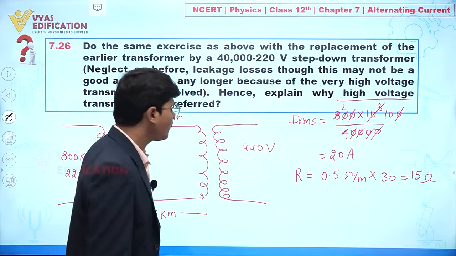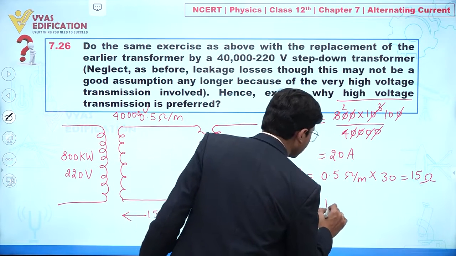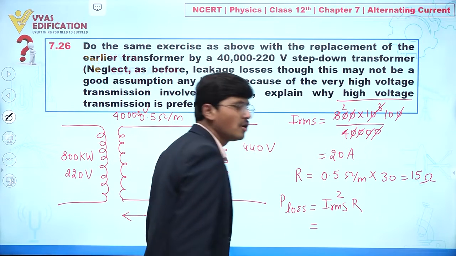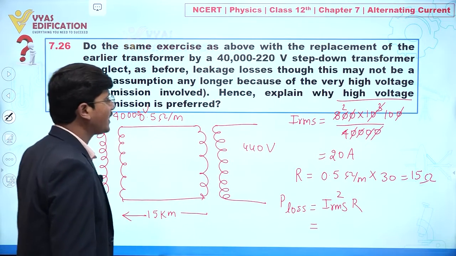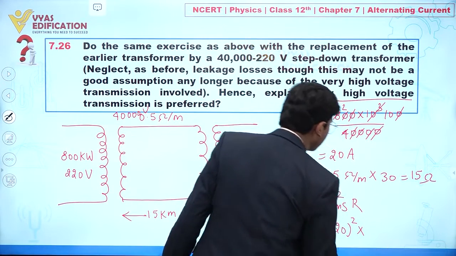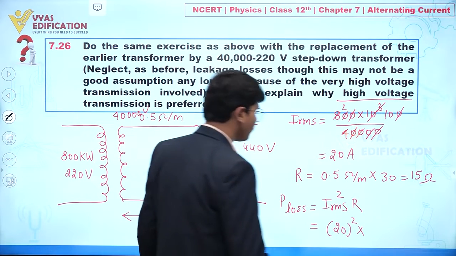Now we have I_RMS and we are getting R. So can we find the power loss in this transmission? Yes, it is given by I_RMS square multiplied with R. The value of I_RMS is 20, so it is 20 square multiplied with R, and R is 15 ohm.